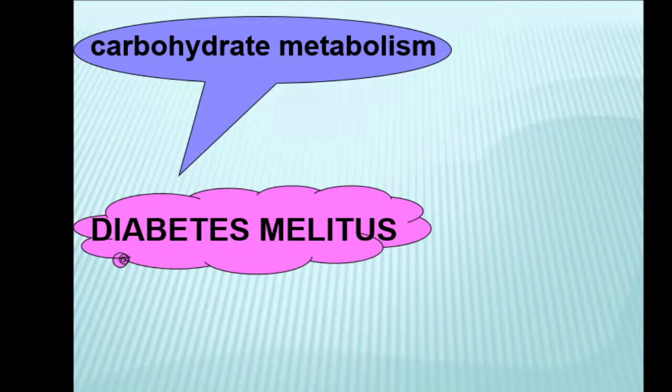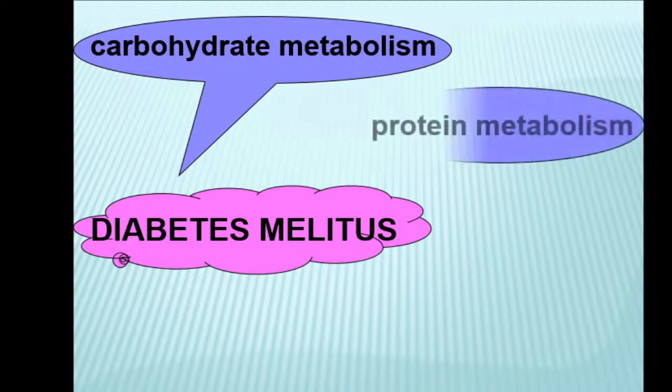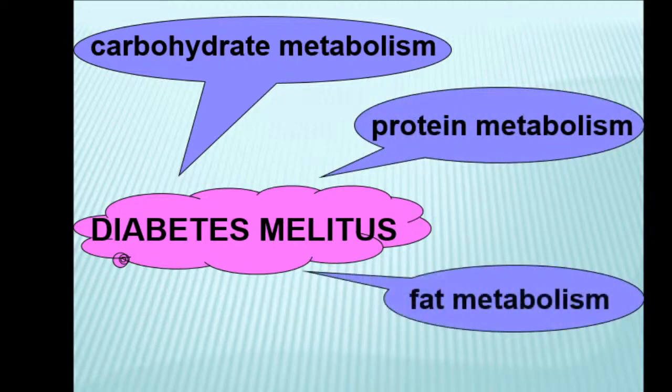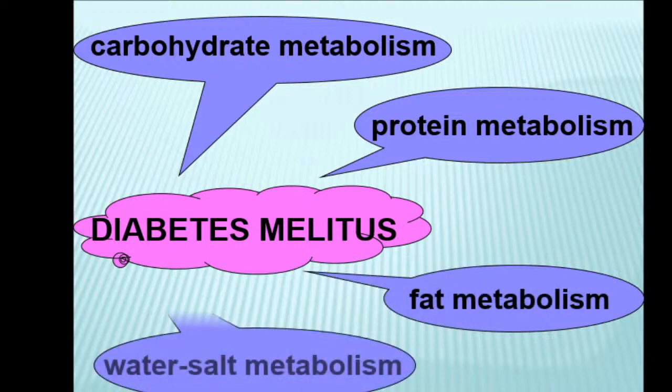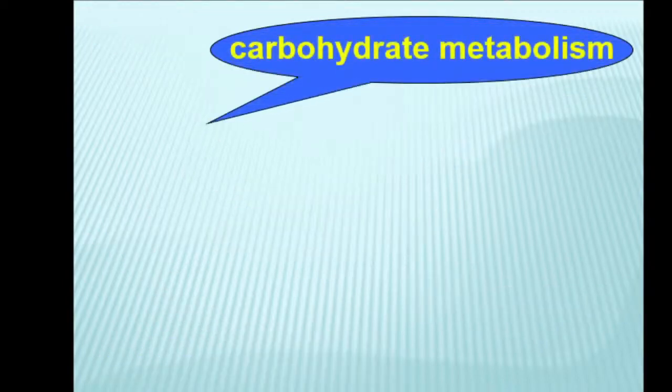But it is a combined disease which, together with carbohydrate metabolism, involves in the pathological process all other metabolic processes: protein, fat, and water-salt metabolism. This explains why a patient with diabetes mellitus sometimes has very many complications, which may be grave for his life.